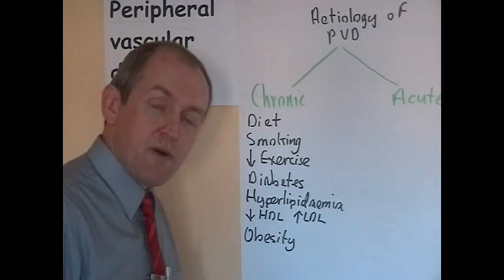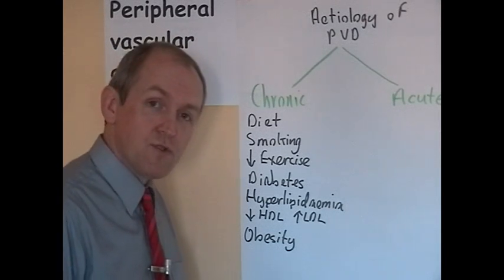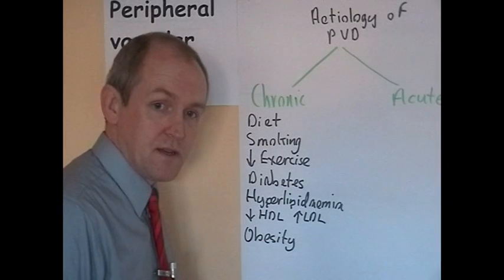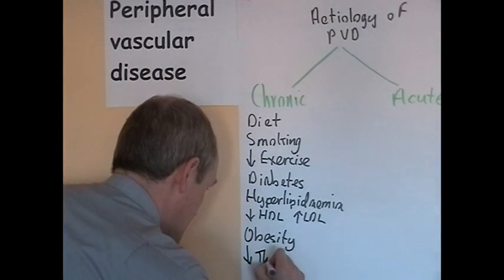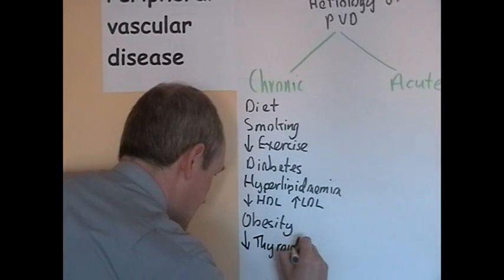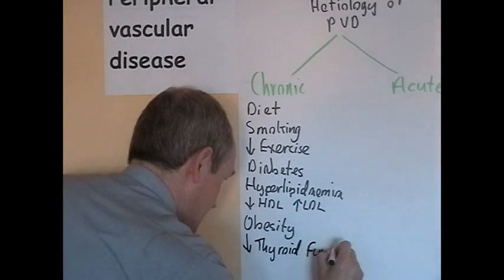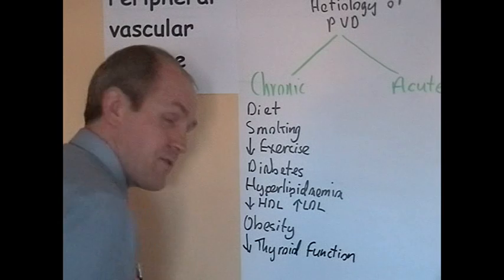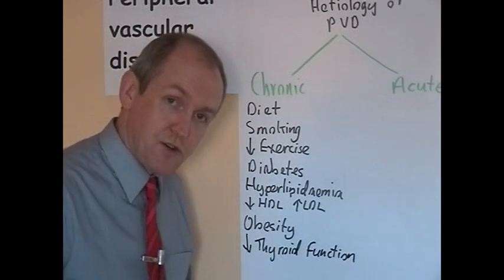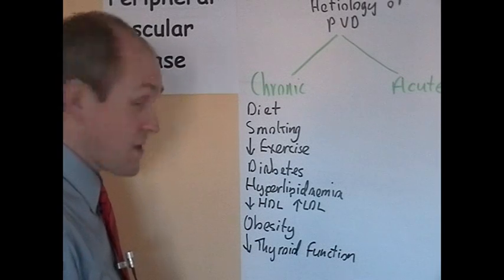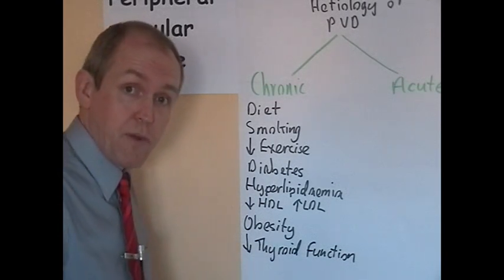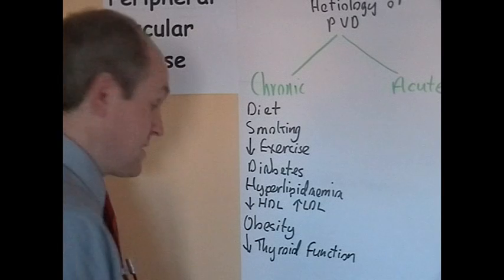Another factor is if a patient has low levels of thyroxine in the blood, if there is a reduced thyroid function. Hypothyroidism is an etiological factor. Psychological stress is probably another etiological factor as well.